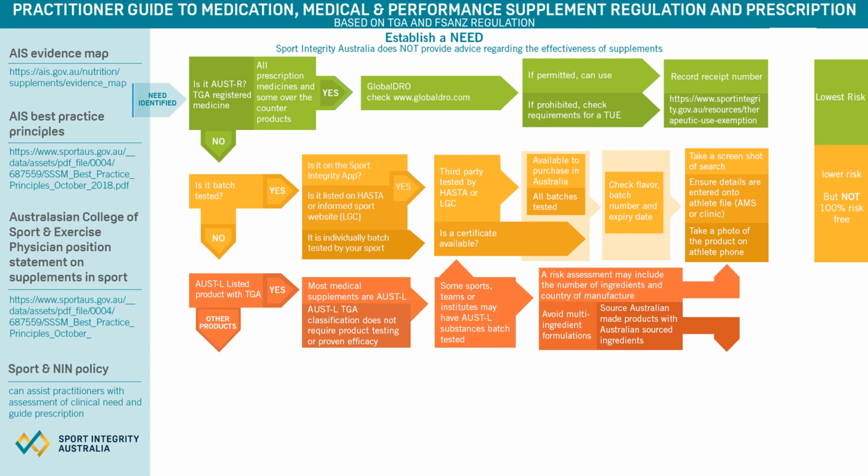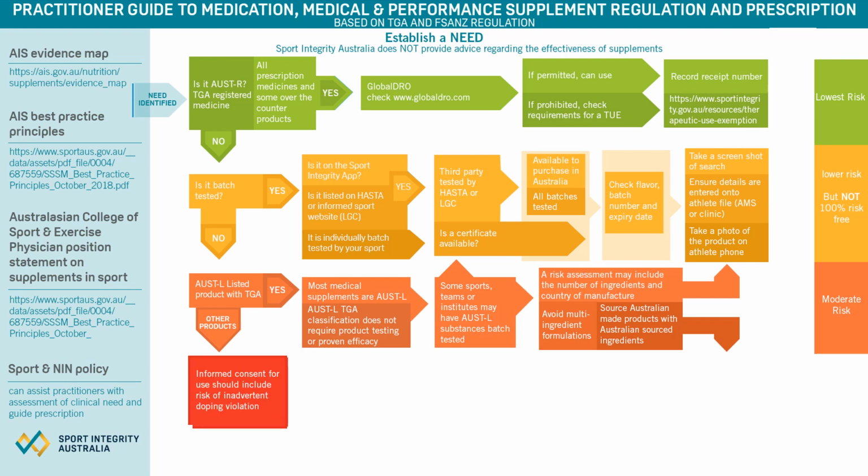And we caution practitioners and athletes to avoid multi-ingredient formulations and to consider products that source Australian-made ingredients. This AUST-L category we denote as a moderate risk for anti-doping purposes.